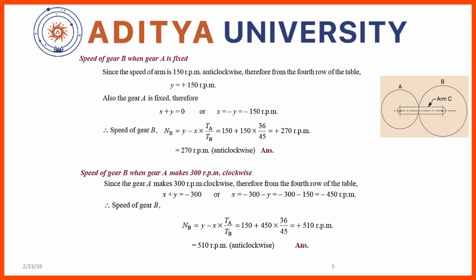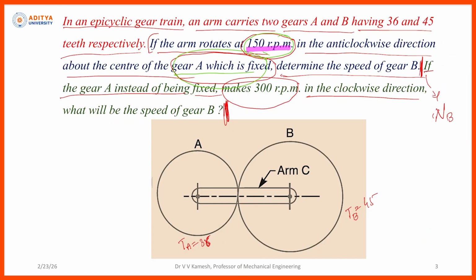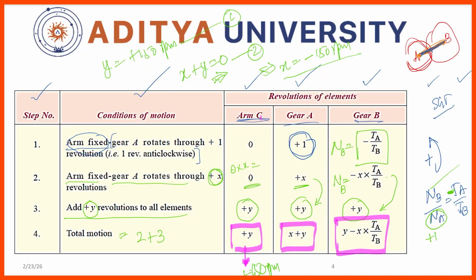So thereby, what do I need to find? Determine the speed of gear B. What is the speed of gear B? y minus x into TA by TB, right? So what is y? 150 minus x. x is minus 150, into what is TA? 36. What is TB? 45. Right?